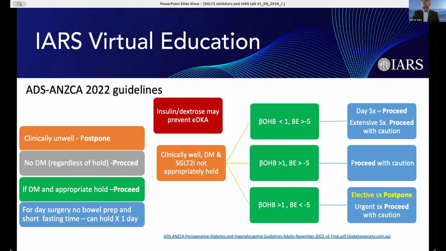And if the patient is undergoing urgent surgery, then you have to weigh risk versus benefit. The reason that they use a cutoff of less than 1 instead of less than 3 is because there was a study in which they looked at patients who are non-diabetic and fasting for surgery, and they found that more than 95% of patients' beta hydroxybutyrate levels did not go above 1 millimole per liter. Next slide, please.